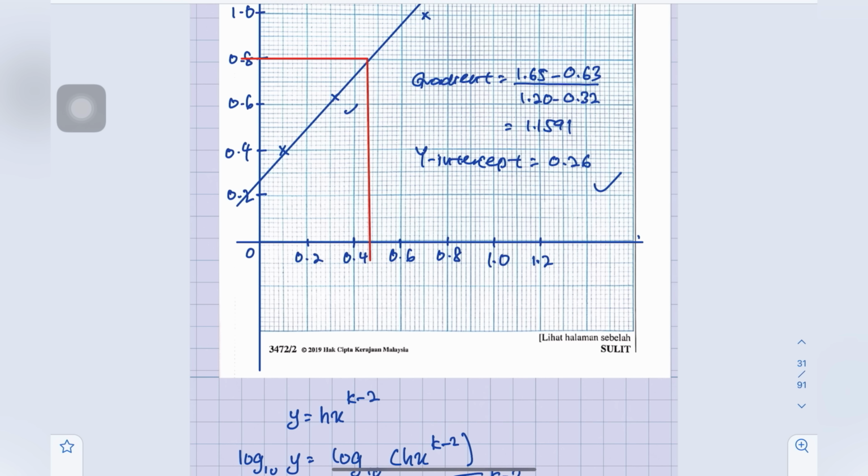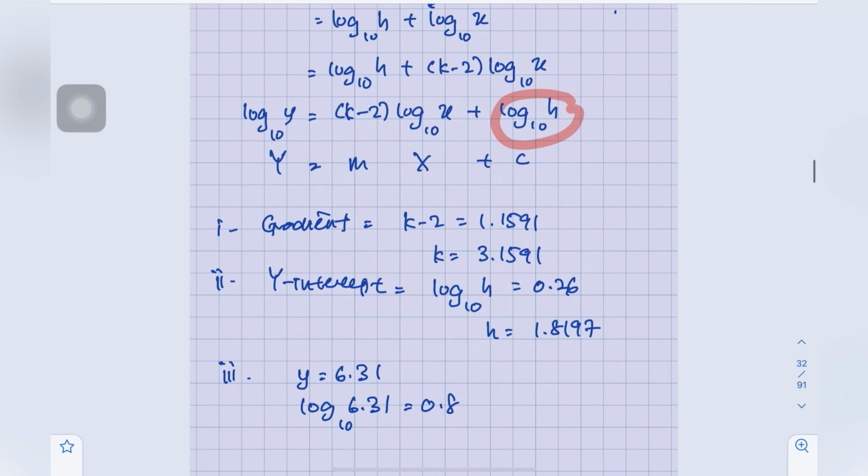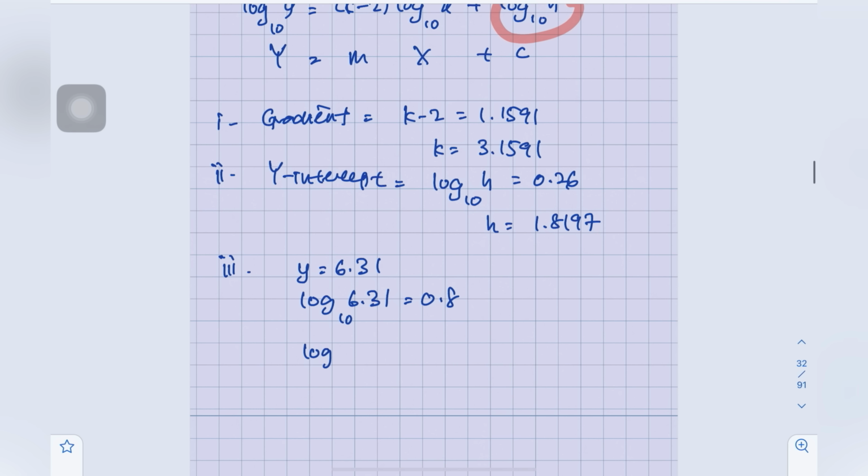Actually, this one is log x base 10, tadi kita tak label, sorry. So this one log y base 10. So then log x base 10 is 0.46. So then x equals to 2.884.